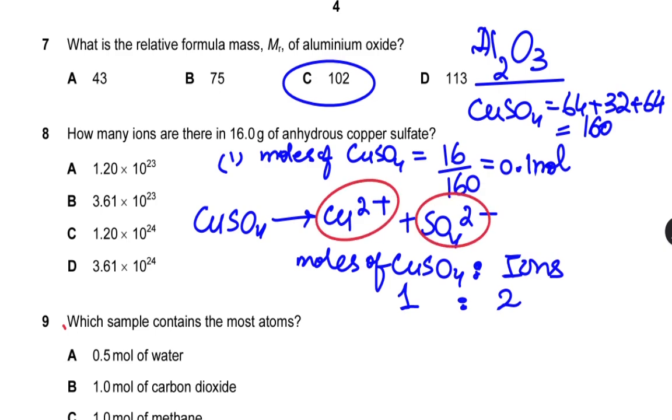So how many moles of ions will be present if 0.1 mole of copper sulfate is there?